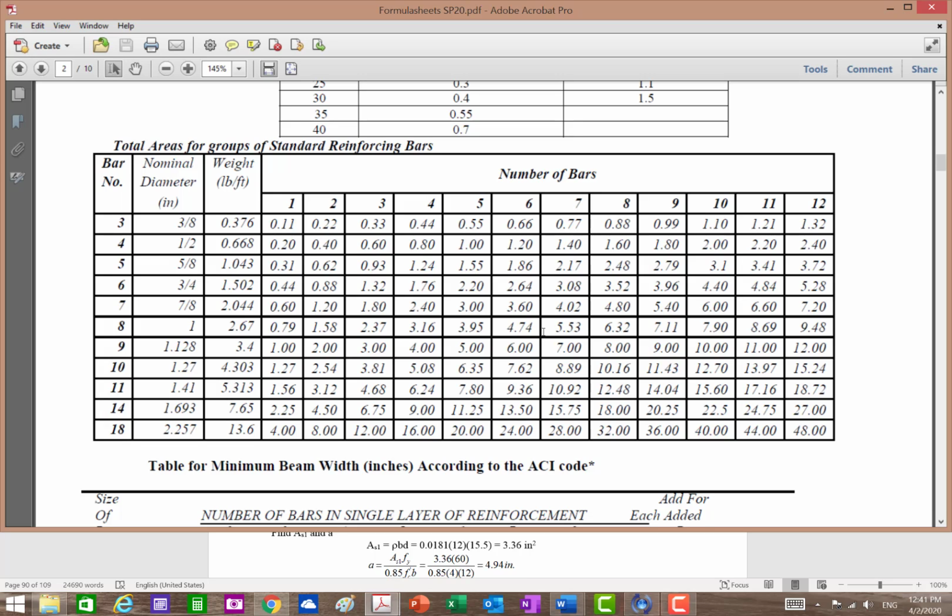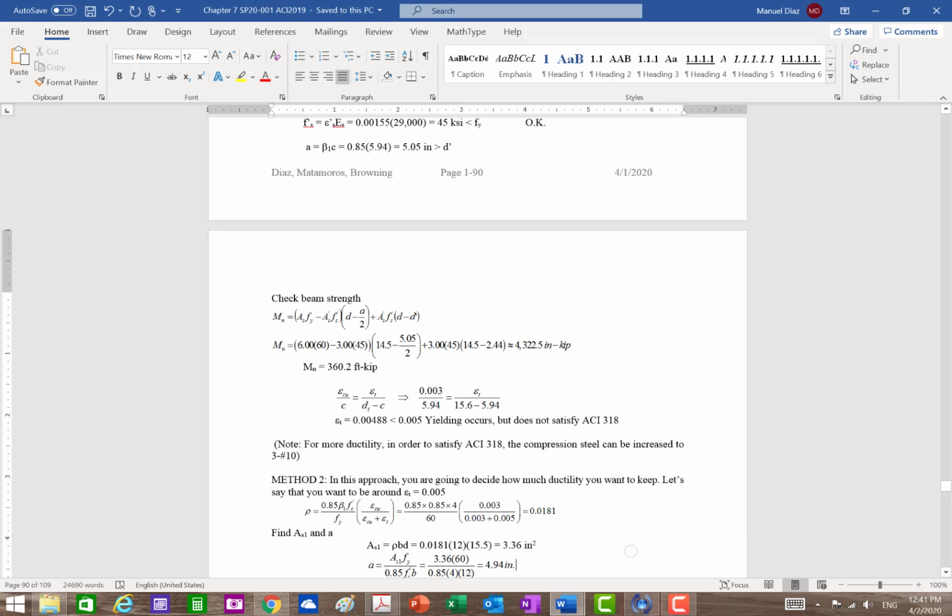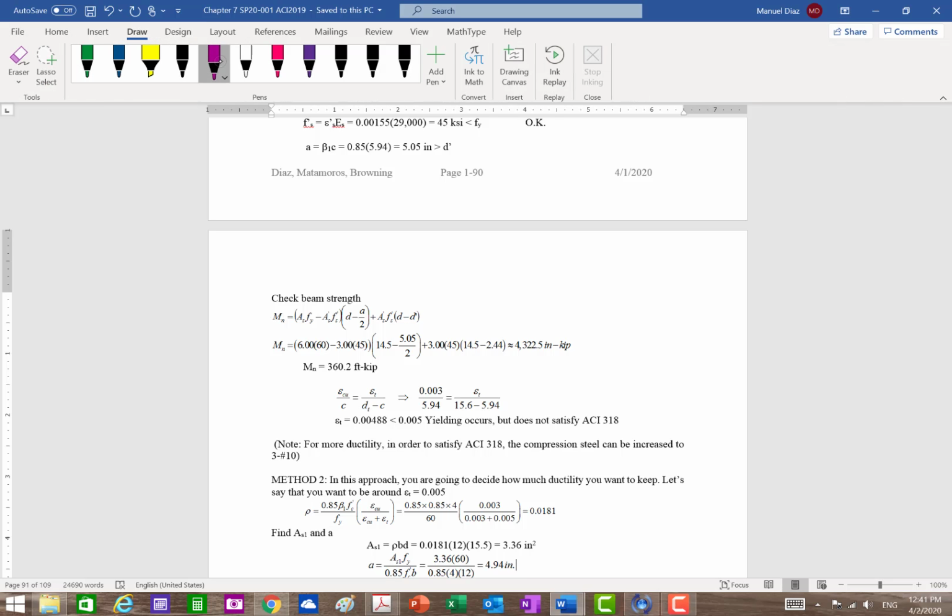Okay? So 7 bars will not work on double layer because you are required to put your bars on top of each other.